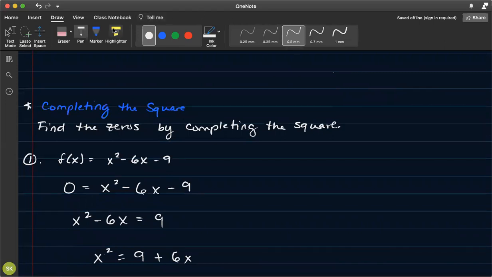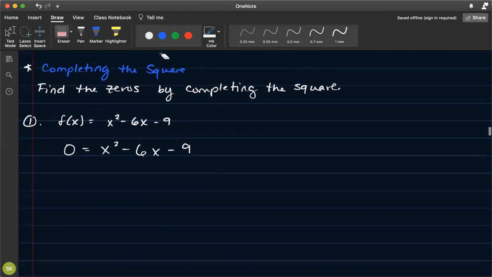Now we've actually done completing the square before. We did this when we were learning about circles, so this should be familiar to you. So what I'm going to do for this problem is, I set the function equal to 0, and I'm going to move the 9 to the other side like we did before. So we had x squared minus 6x is equal to 9.